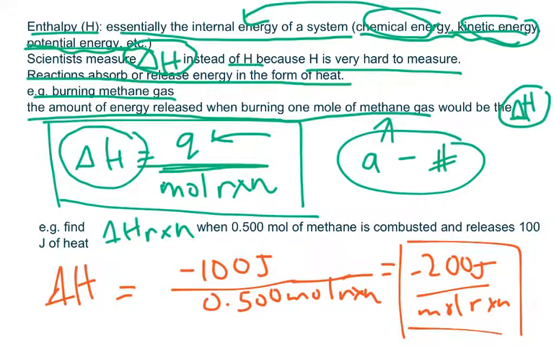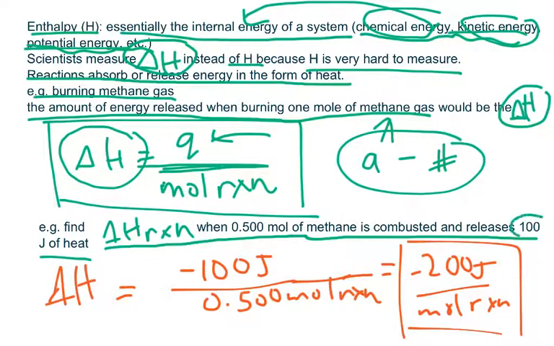But sometimes you won't burn exactly 1 mole of methane gas. Sometimes you might burn maybe 0.5 moles of methane gas. So in this example, I want you to find the delta H of the reaction when 0.500 moles of methane is combusted and releases 100 joules of heat.